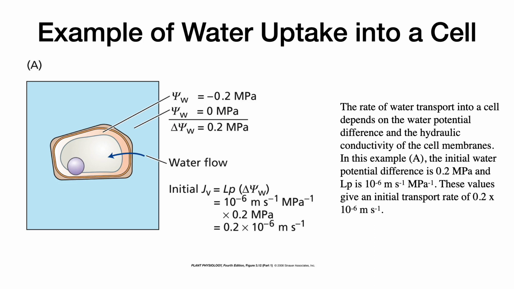So we would have 10 to the minus 6 meters per second per megapascal, the hydraulic conductivity term, times the water potential gradient, which is 0.2 megapascals. So we would have a flow rate of water of 0.2 times 10 to the minus 6 meters per second.